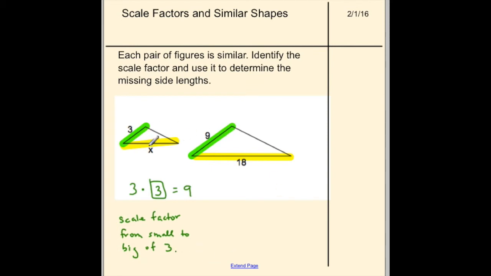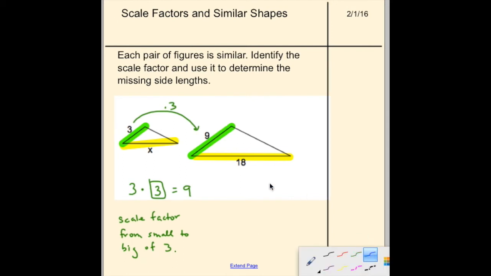Okay, so how can I now use that information that there's this scale factor here? I multiply by 3 to go from one side to the other side. How can I use that to find x, because I don't have the smaller value, I only have the bigger value? Well, if I'm multiplying by 3 to go from the smaller to the larger, then I'm doing the inverse of multiplying by 3, which is multiplying by 1/3.